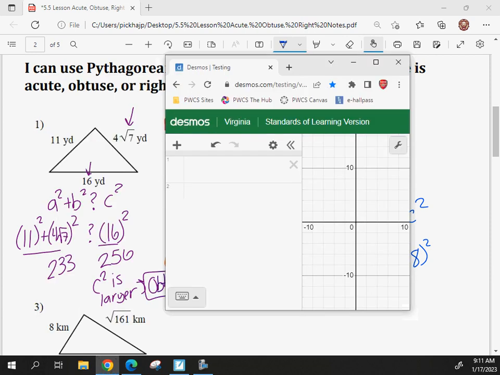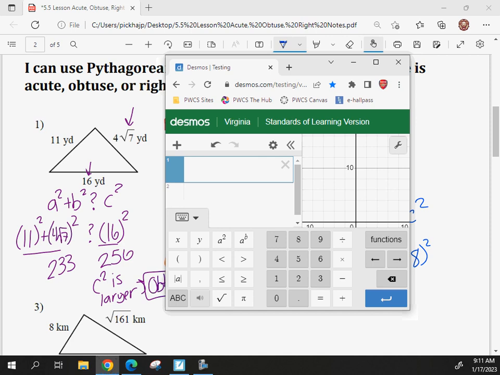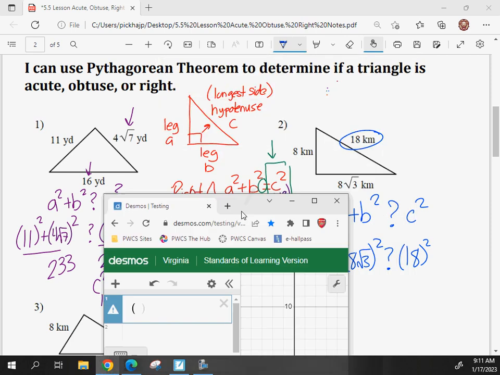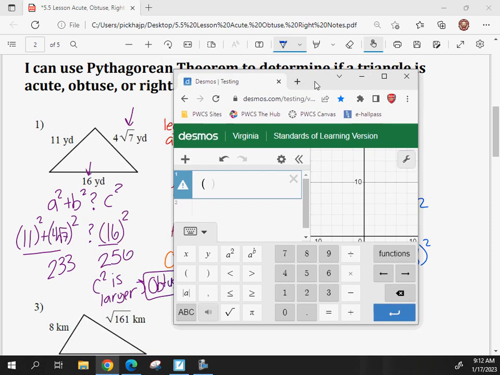I have 8 squared and 8 root 3 squared. So I'm going to do 8 squared, parentheses, plus, parentheses, 8 root 3. And then to make sure that I'm not typing under the parentheses, I got to arrow over, close up my parentheses, then square that thing, and I get 256.